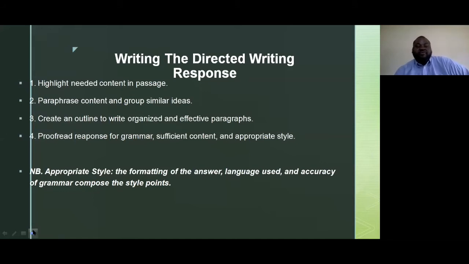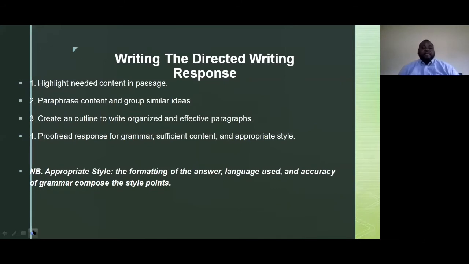And you may be able to avoid lifting. But it is important that as you read and underline, when you go to approach this answer, you should jot down in an outline the points that you're going to make. So I want to give you these few steps and tips on how to write your directed writing response.